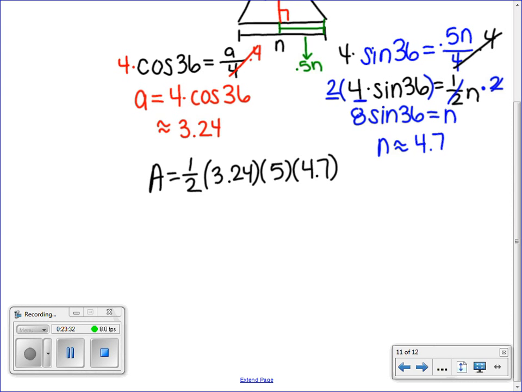You can type all this into your calculator at once, and we round, and we get approximately 38.07 units squared. Again, if you need to watch this part again, you can always watch it on the website, or just ask to go back.